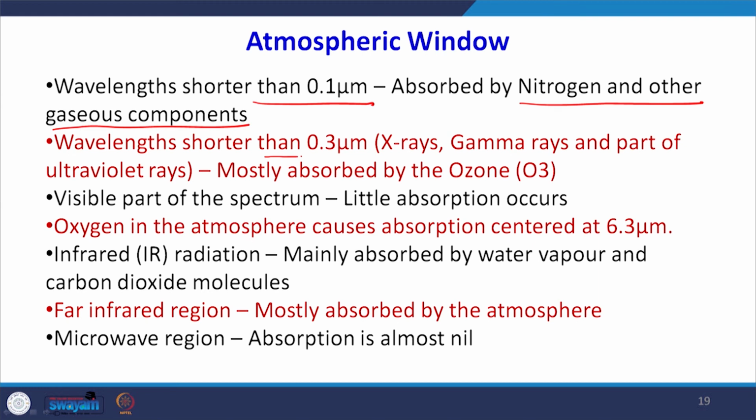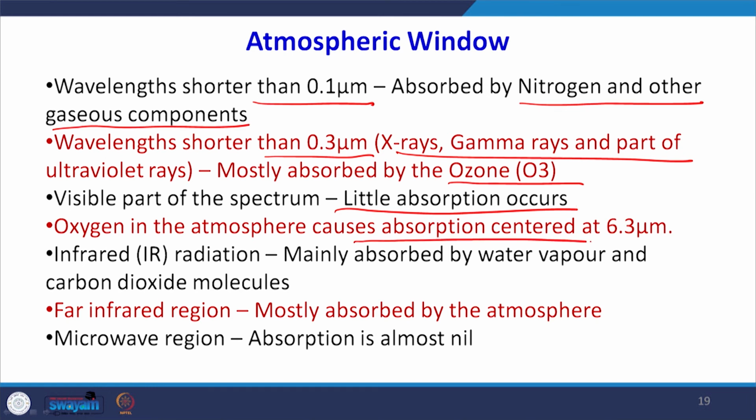Then we have wavelength shorter than 0.3 micrometer, X-rays and gamma rays, which are mostly absorbed by the ozone layer. Then we have the visible part of the spectrum, 0.4 to 0.7 micrometer, where little absorption is occurring. Then oxygen in the atmosphere, absorption is centered around 6.3 micrometer.